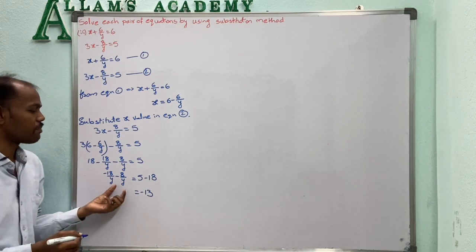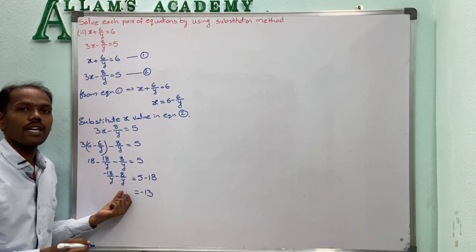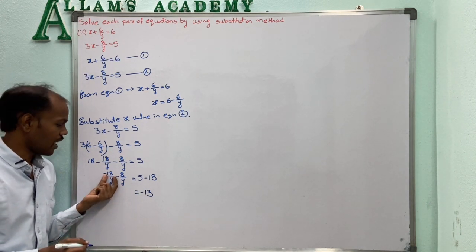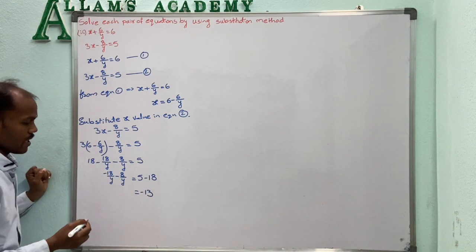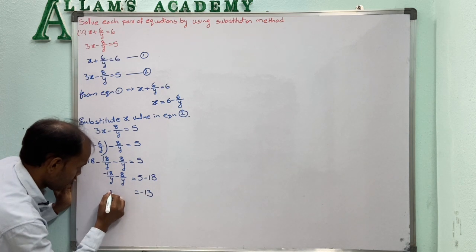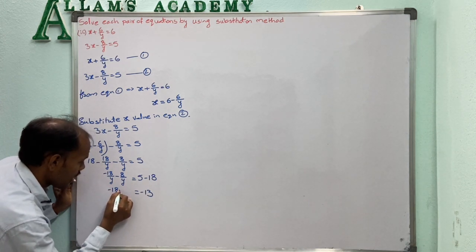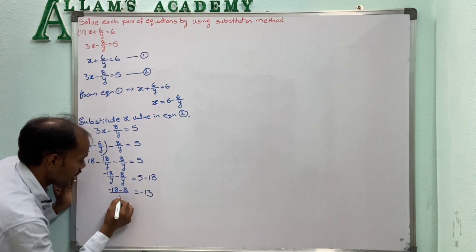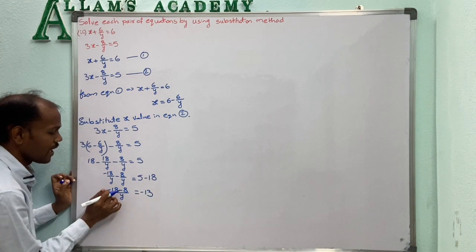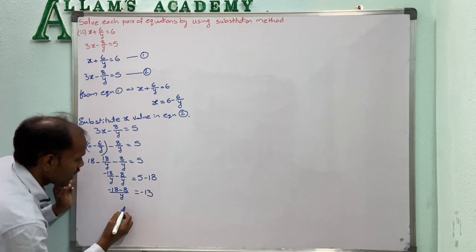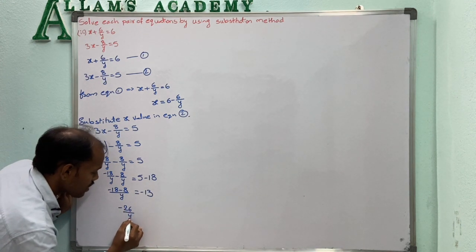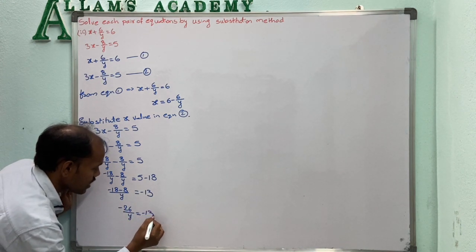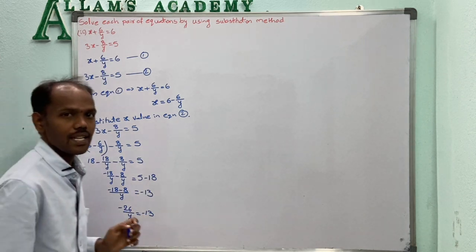If we observe, both have the same denominator y, so they are like fractions. So directly we can add or subtract the numerators. That means minus 18 minus 8 by y. Minus 18 minus 8 is minus 26. Minus 26 by y is equal to minus 13.